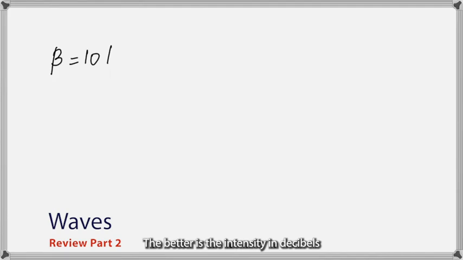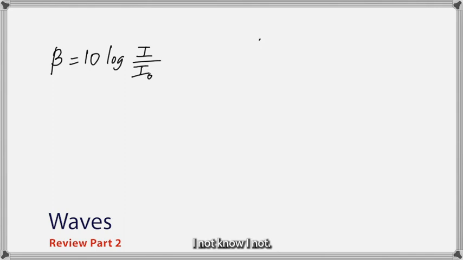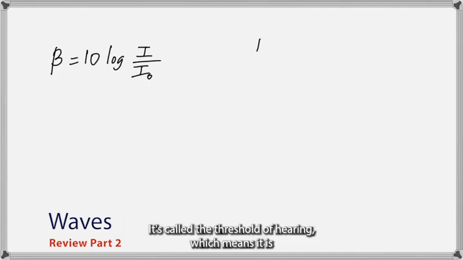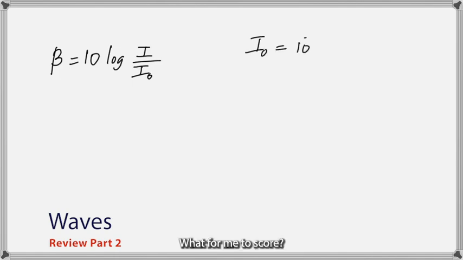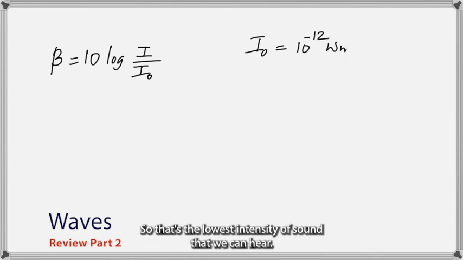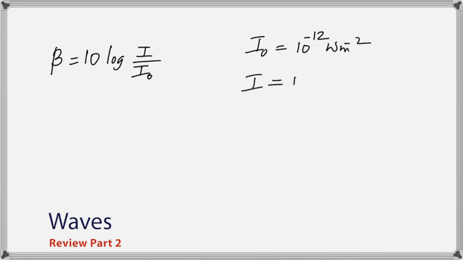Beta, the intensity in decibels, is equal to 10 times log I by I naught. Now, I naught is called the threshold of hearing, which means it is the lowest intensity that human beings can perceive. And the value is 10 to the negative 12 watt per meter squared. So that's the lowest intensity of sound that we can hear.